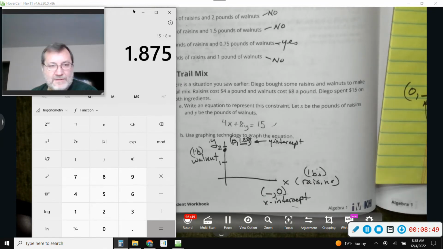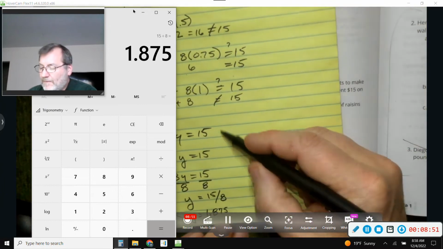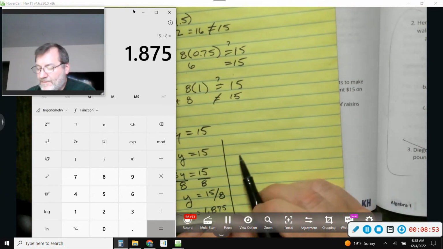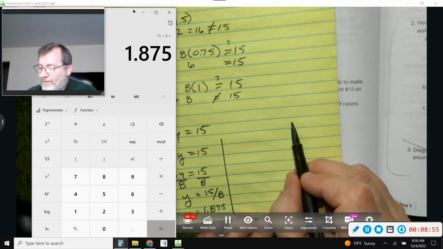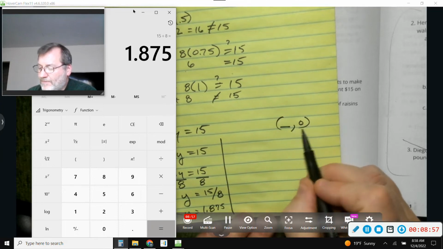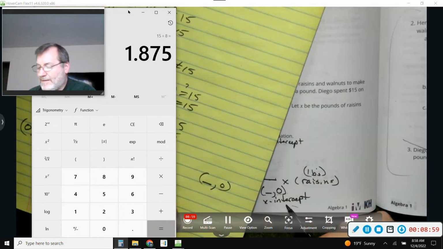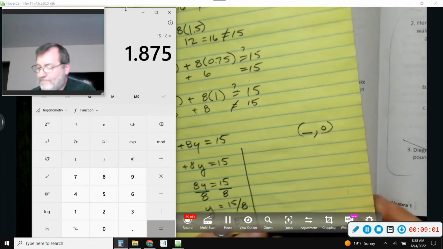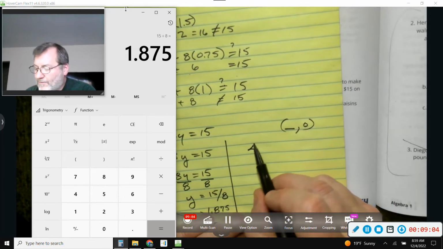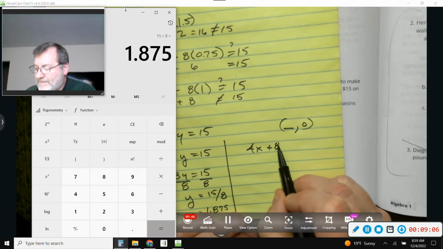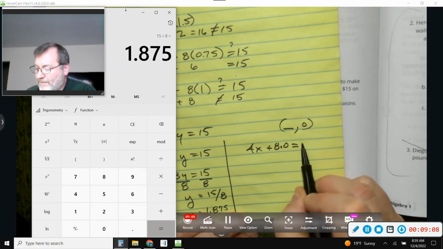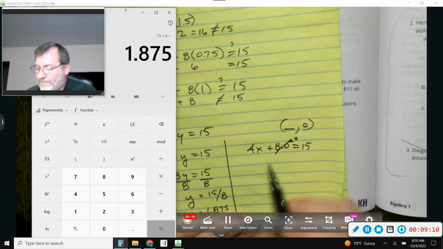All right, on my x-intercept, I'm going to do the same thing, only I'm going to start with a 0 for the y. So this time, I'm going to try going with some number, 0, the x-intercept. So I'm going to go 4 times x plus 8 times 0 equals 15. Well, this thing just goes to 0, just like over here.